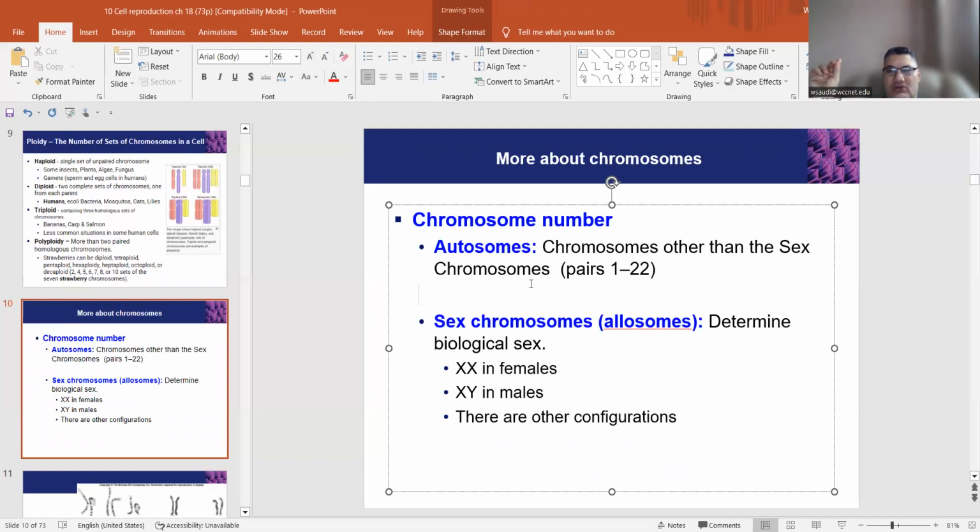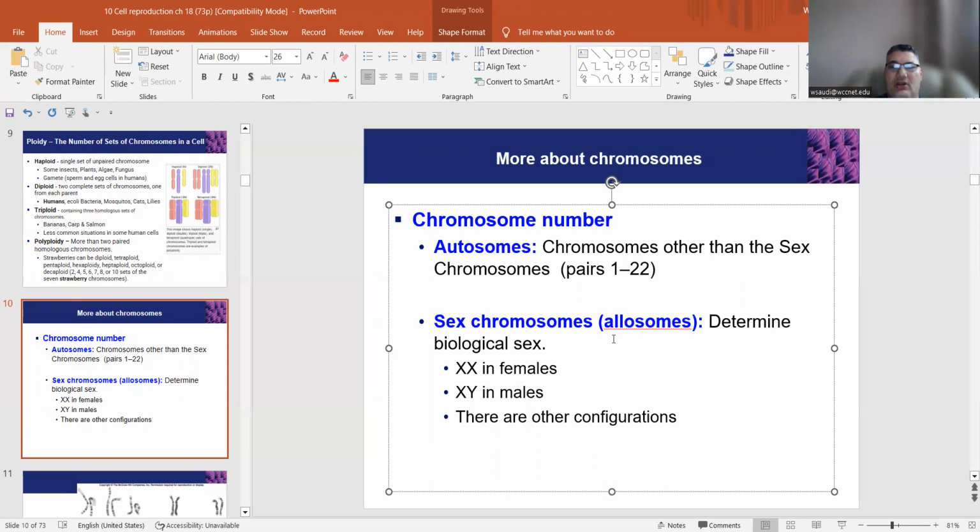If you get one of your skin cells, if we go in the laboratory and open the cells, they have the tools to do that and open the nucleus and get the chromosomes out. They will find that from 1 to 22, these are just the normal or regular chromosomes called autosomes. The last one, which is the sex chromosome, which is number 23, is called allosome.